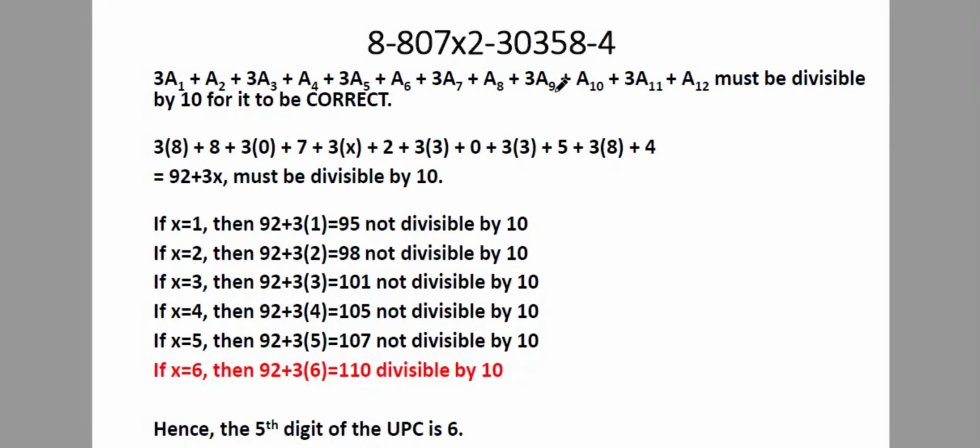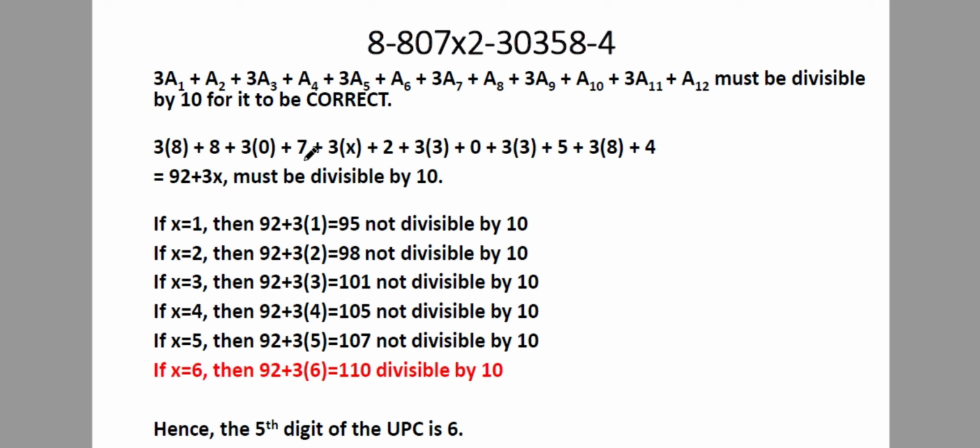So therefore we need to use the complete expression including A12, and it must be divisible by 10 for it to be valid or correct. So substitute, we have 3 times 8 plus 8 plus 3 times 0 plus 7 plus 3 times x plus 2 plus 3 times 3 plus 0 plus 3 times 3 plus 5 plus 3 times 8 plus 4.